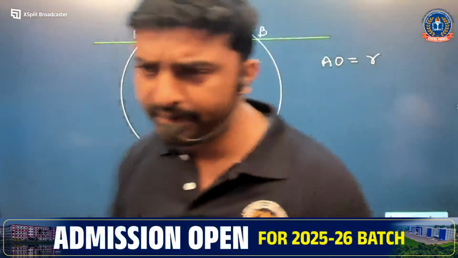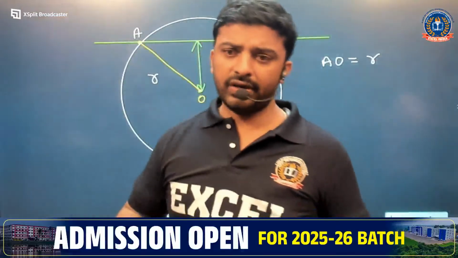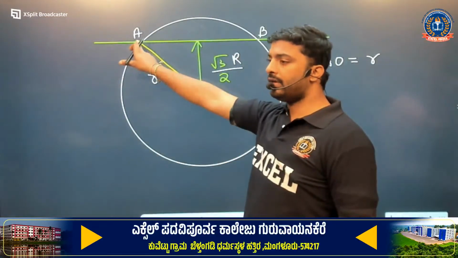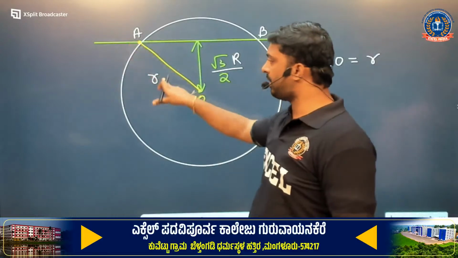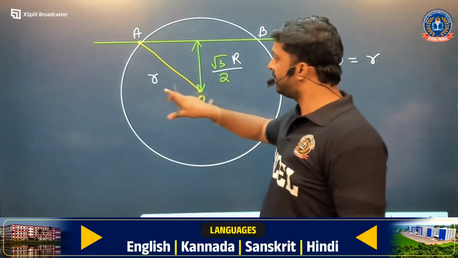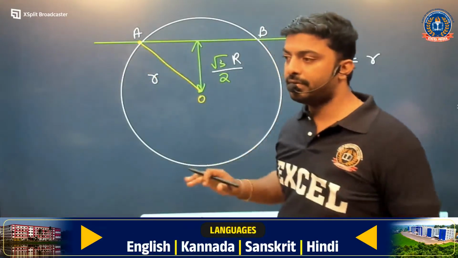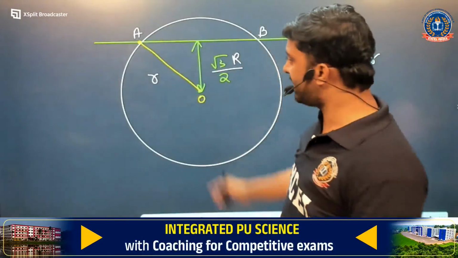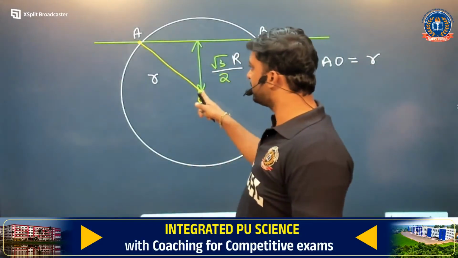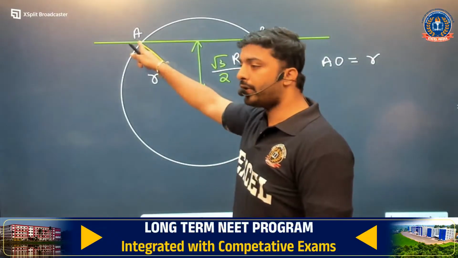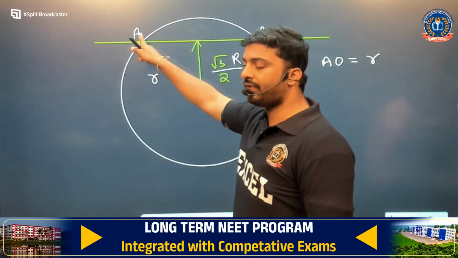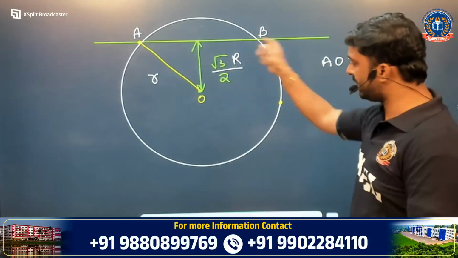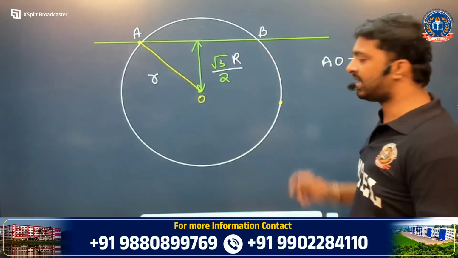Right? Why? The line joining the center and a point on the circumference of a circle is always r. What is radius? It is the line drawn from center to point on circumference of a circle. Now there is a point here, this point is on the circumference of the circle.